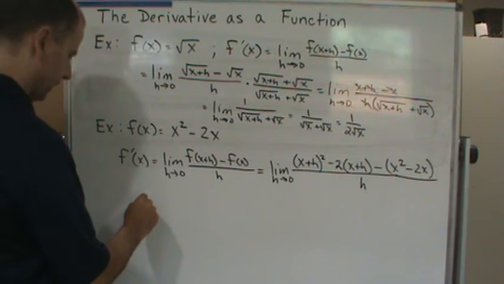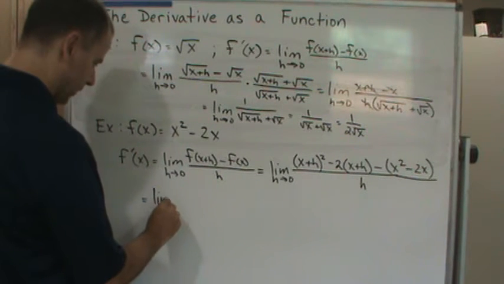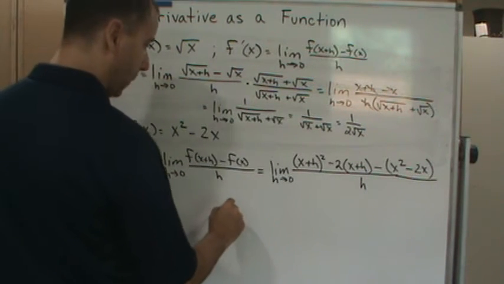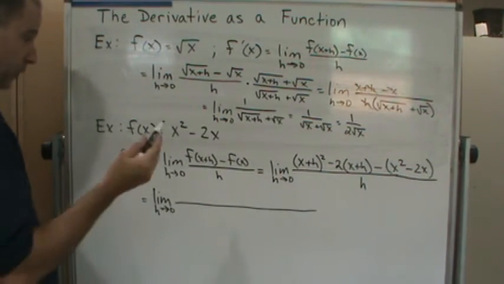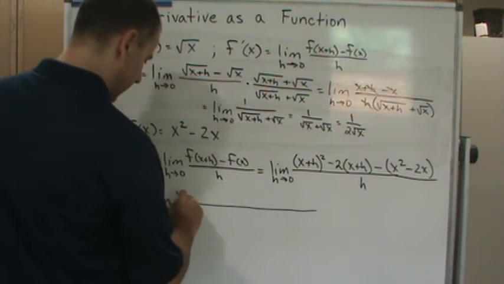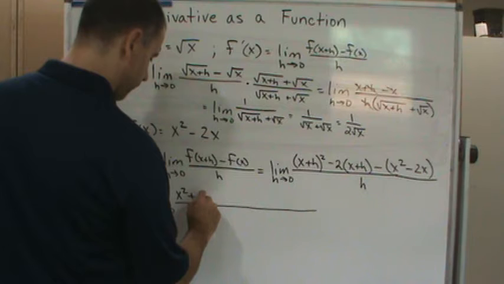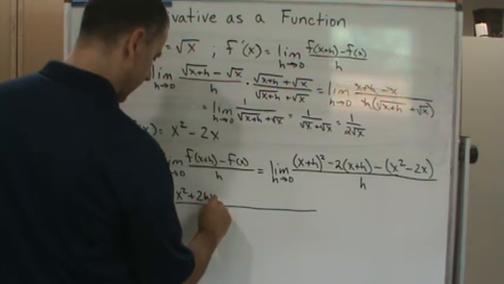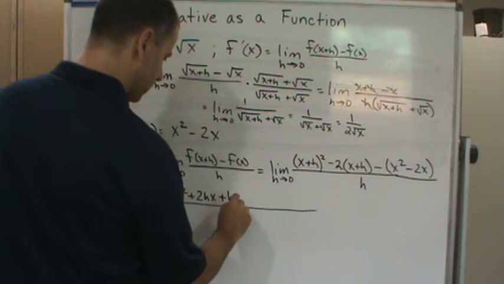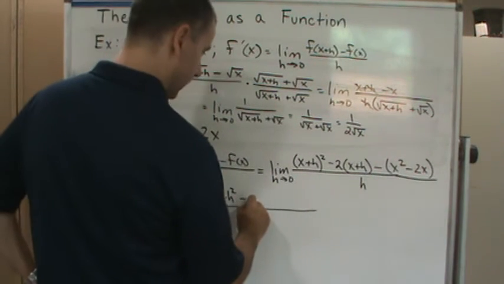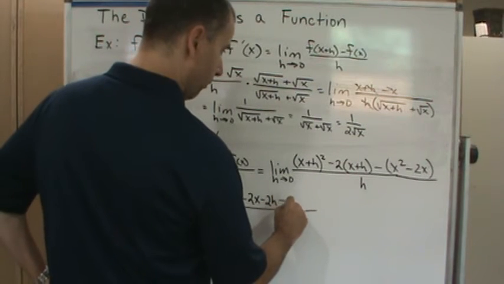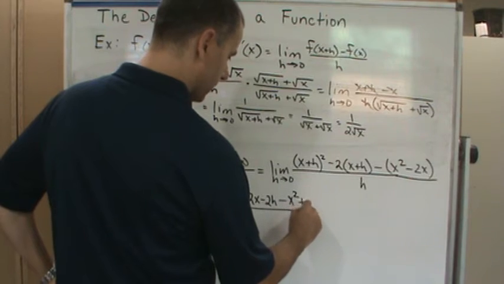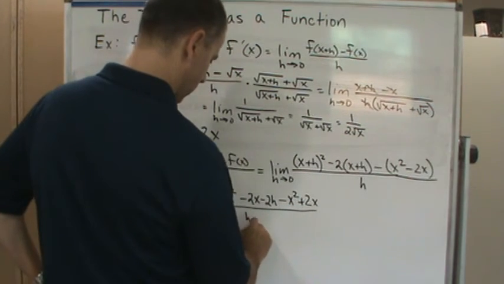Now I'm going to simplify things. So I'm going to get the limit as h approaches 0 of, now this is going to get pretty long on top, but things are going to start to cancel. That's what you're looking for. It's x squared plus 2hx plus h squared minus 2x minus 2h minus x squared plus 2x, over h.